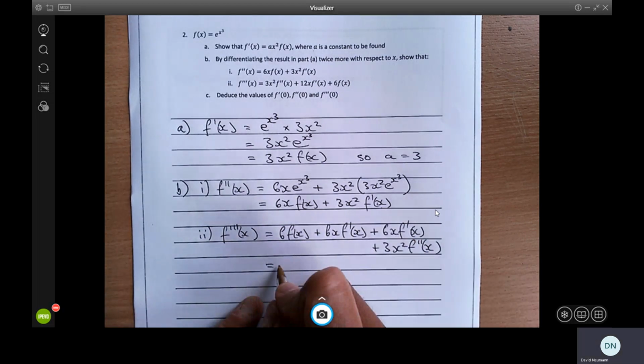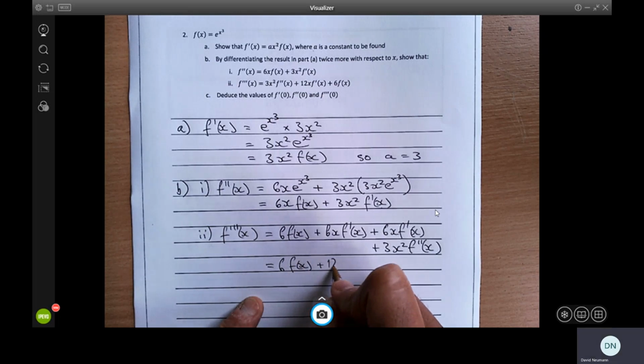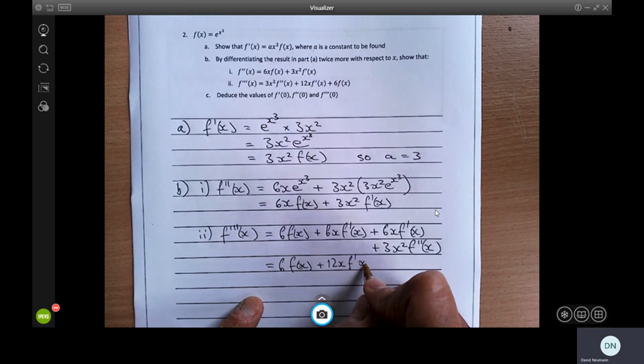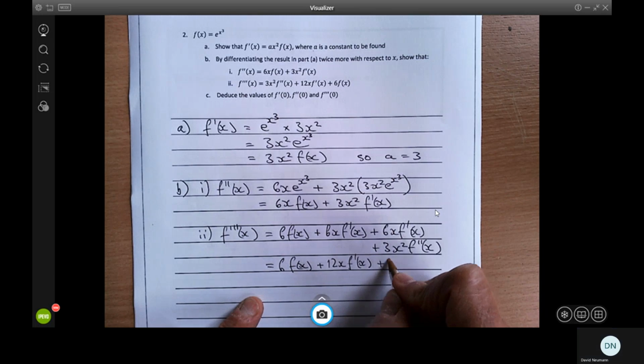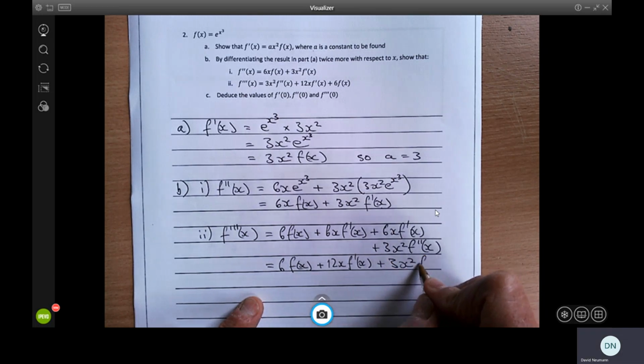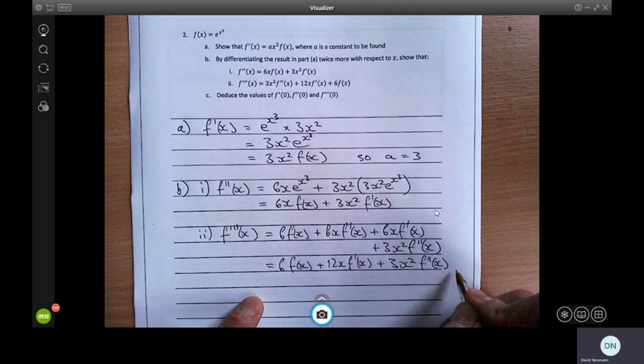Putting these two together, we've then got 6 f of x plus 12x f dashed of x plus 3x squared f double dashed of x.